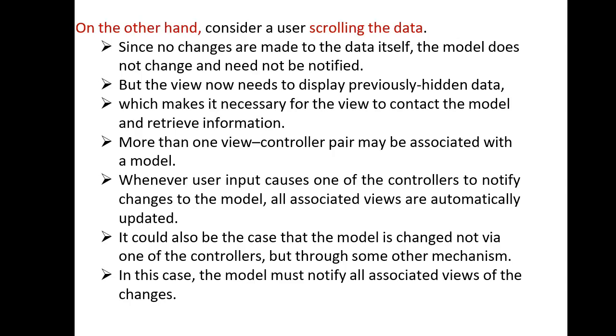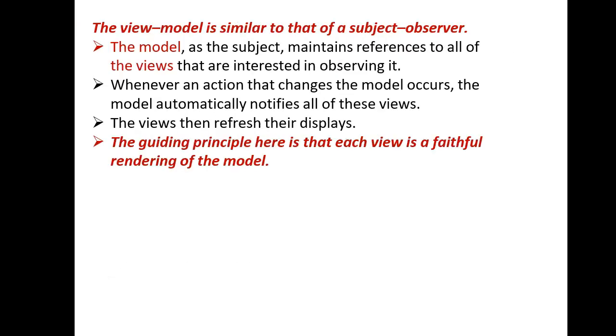Whenever user input causes one of the controllers to notify changes to the model, all associated views are automatically updated. It could also be the case that the model is changed not via one of the controllers but through some other mechanism. In this case, the model must notify all associated views of the changes.